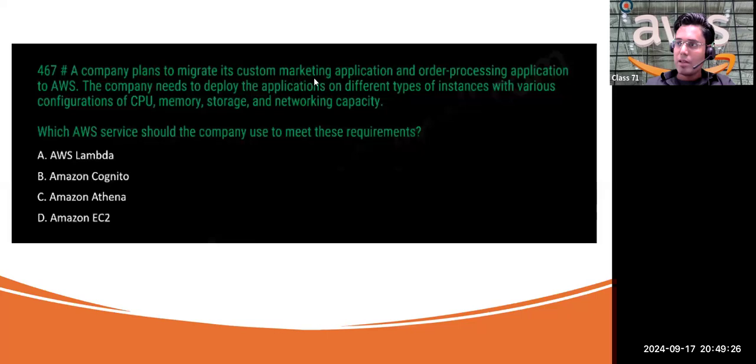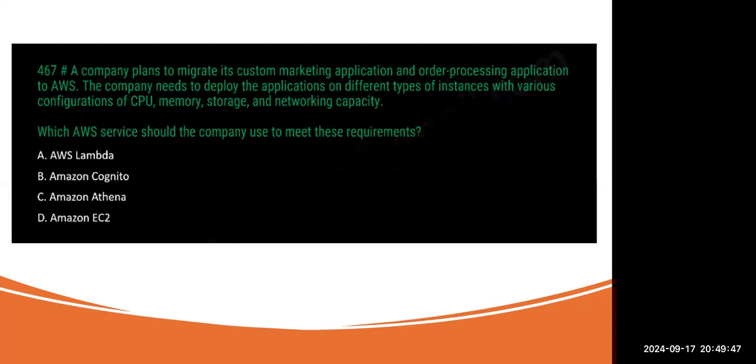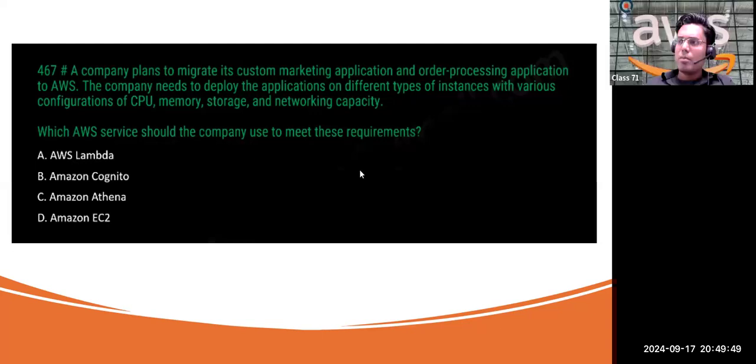A company plans to migrate its custom marketing application and order processing application. The company needs to deploy the application on different types of instances: CPU, memory, storage, networking. Okay, so what do you think? We have only one service providing different types of instances.